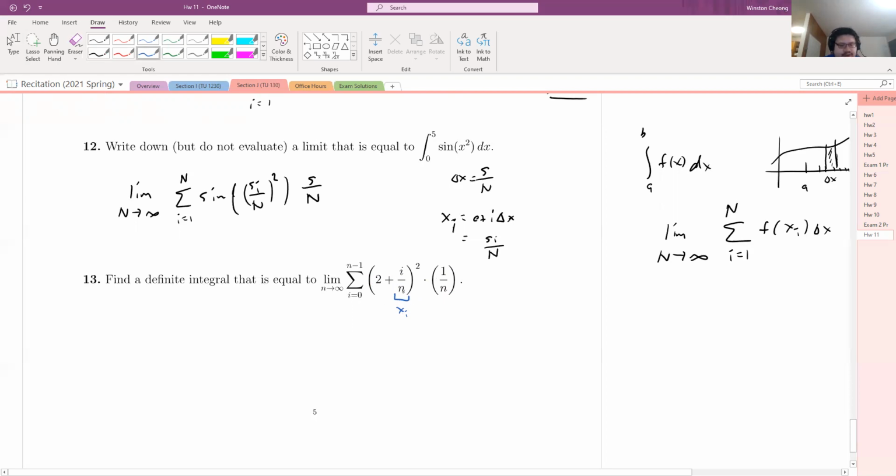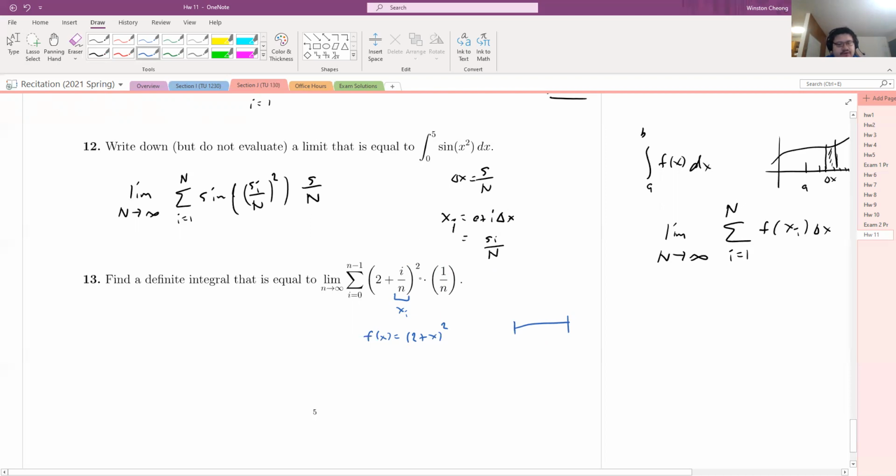But if we consider xi to be just this portion here, then that's telling us that the function we're looking at ends up being 2 plus x squared. And this 1 over n is supposed to represent the delta x. So that tells me that this 1 is actually indicating the length of the thing you're integrating over. Okay. So the length that you integrate over is length 1. And this xi, well, xi is denoted by a plus i delta x, right?